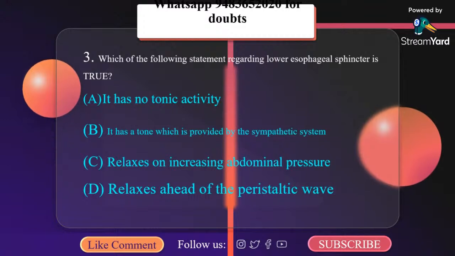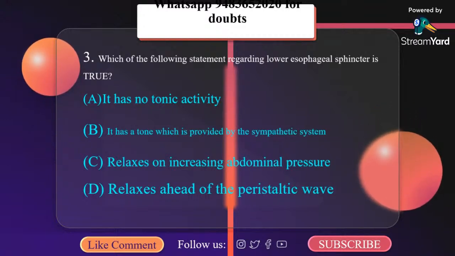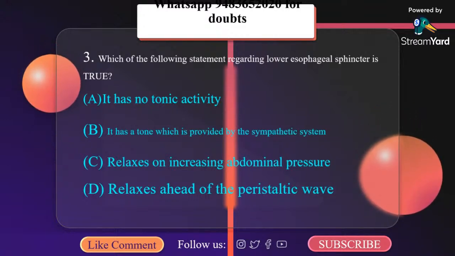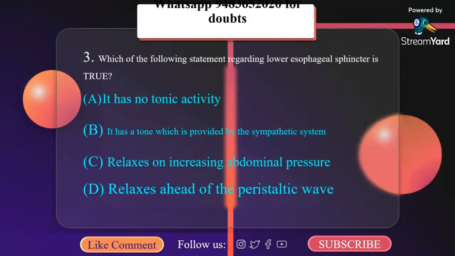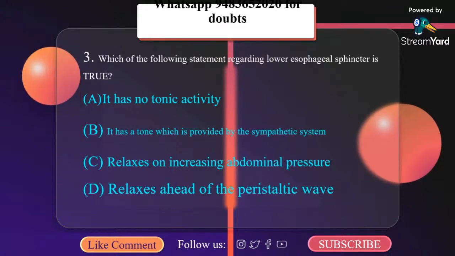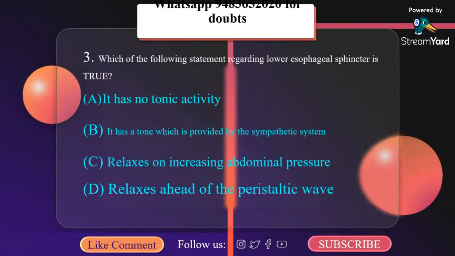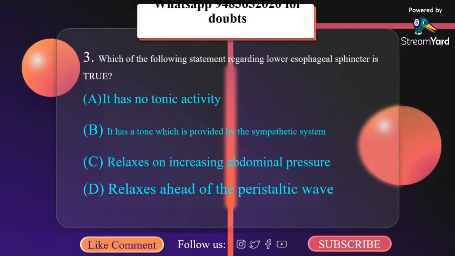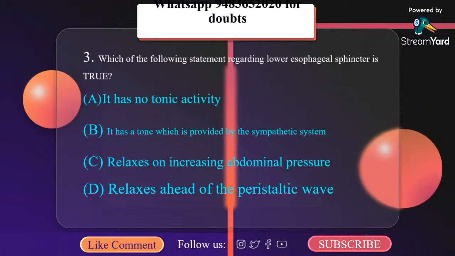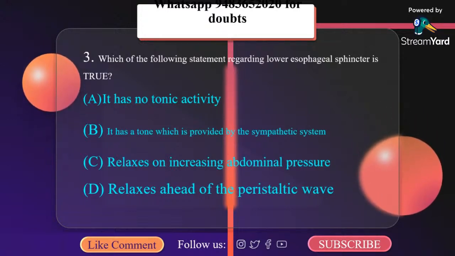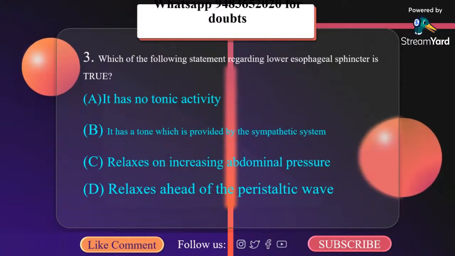Relaxes ahead of peristaltic wave. What happens during swallowing when the peristaltic waves sweep down the esophagus? The gastroesophageal sphincter relaxes so that the bolus of food can pass into the stomach. The distance of lower esophageal sphincter from upper incisor is 37.5 centimeter. The lower esophageal sphincter is tonically active but relaxes on swallowing. This tonic activity between meals prevents the reflux of gastric contents into the esophagus.